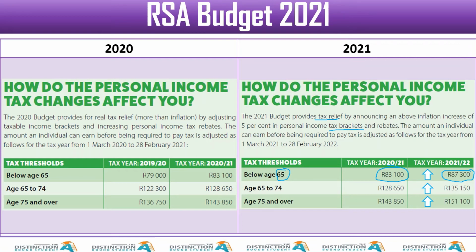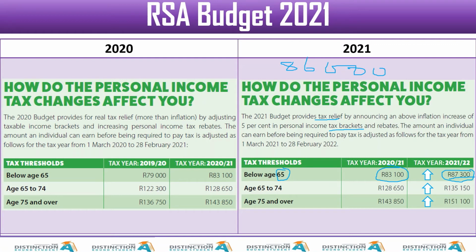So this is what we had before. Now your income will not be taxed up until 87,300. If your income in a year is 86,000, for example, you are exempted from paying tax.